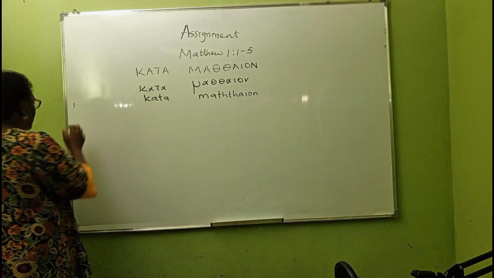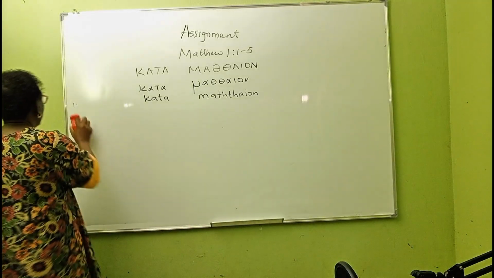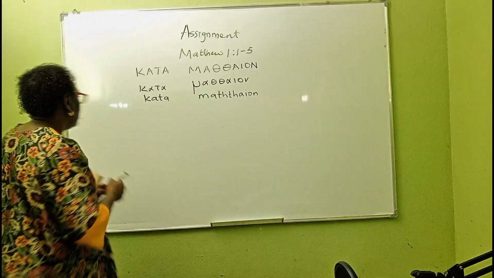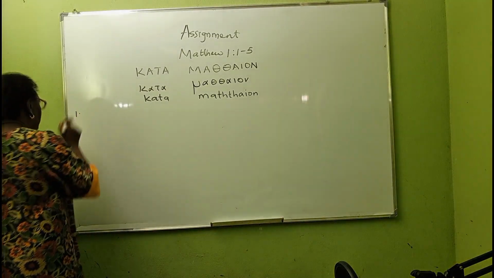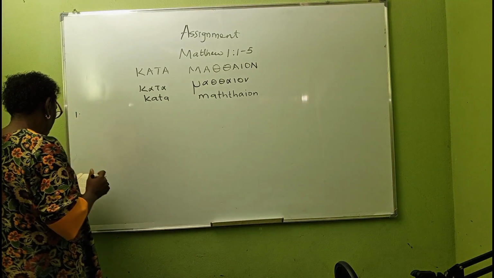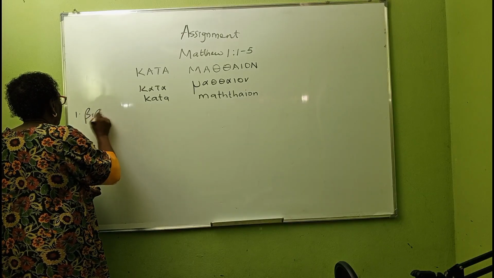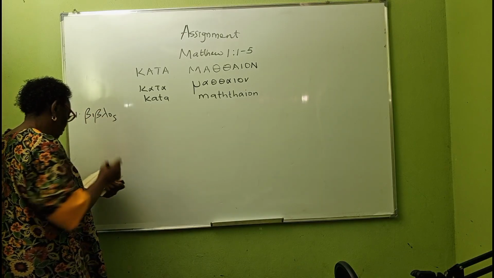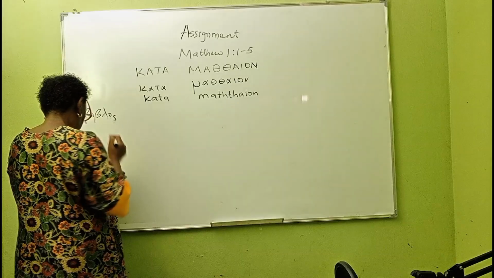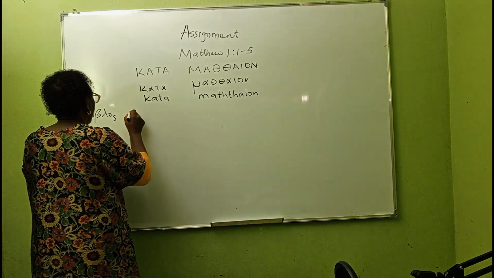So let me write out the first verse. In the assignment, you write out the particular text, and then under each letter, you do the transliteration.